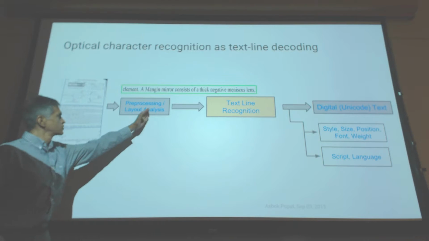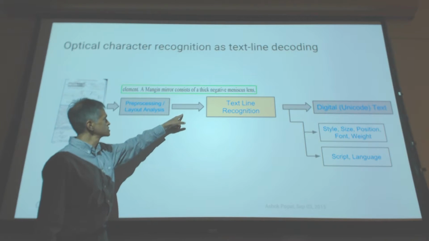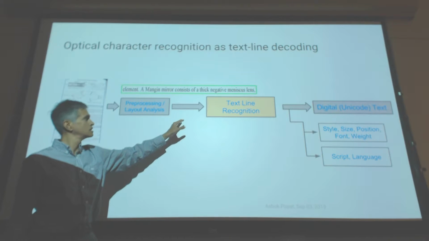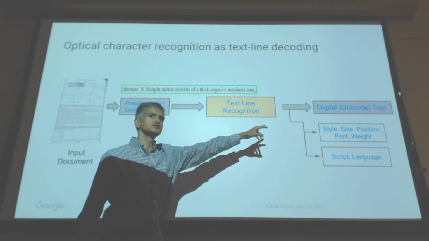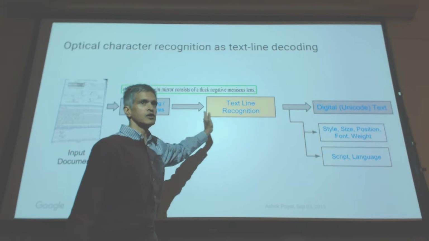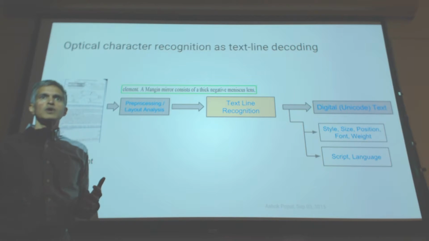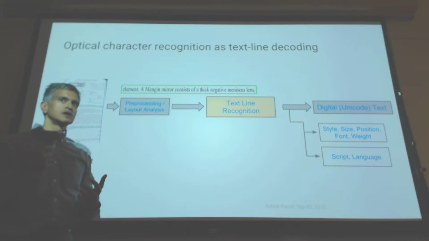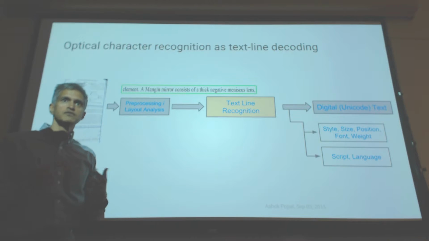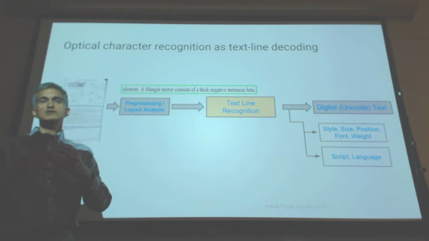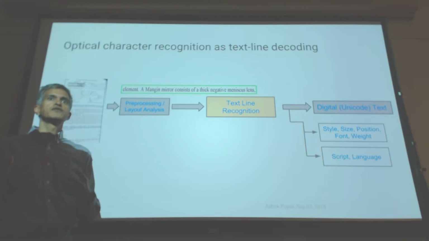So we do pre-processing and layout analysis, and one question is, well, what is the format of the data stored here? I'm talking about the video. Okay, yeah, and the same question applies at every arrow in this diagram. You want a representation that is convenient, serializable, portable, and extensible.